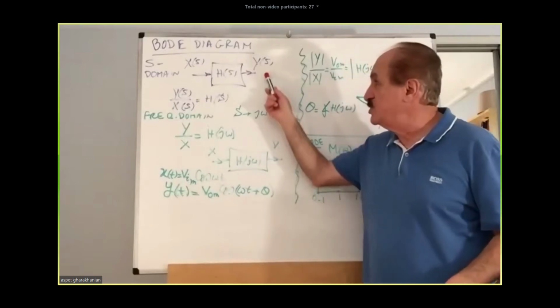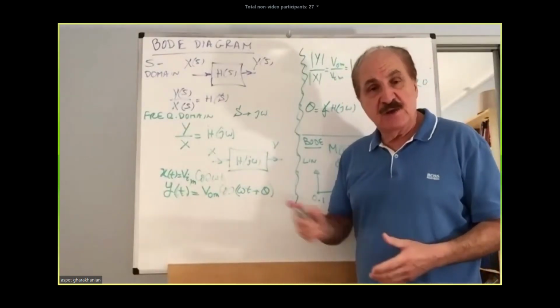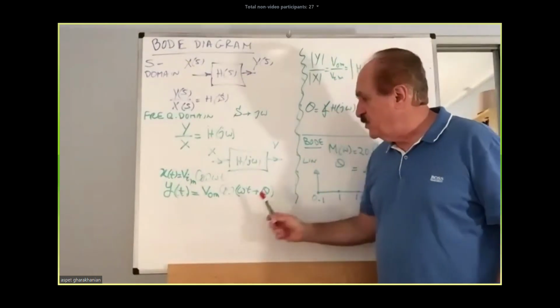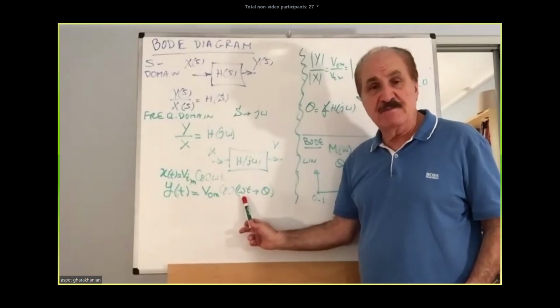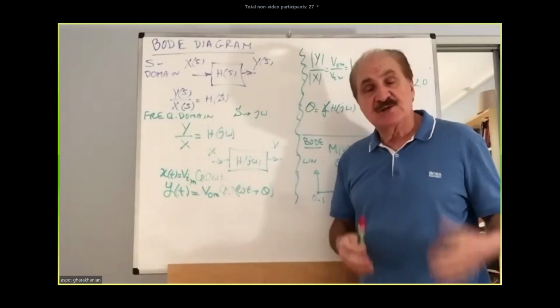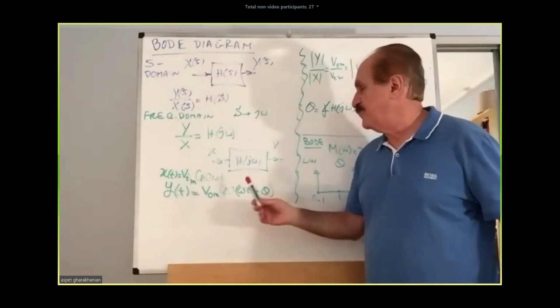So the output is no more exponential or anything of that kind. It is simply a cosinusoidal. The frequency of the output is exactly identical to the frequency of the input. This is a steady state AC forced response.